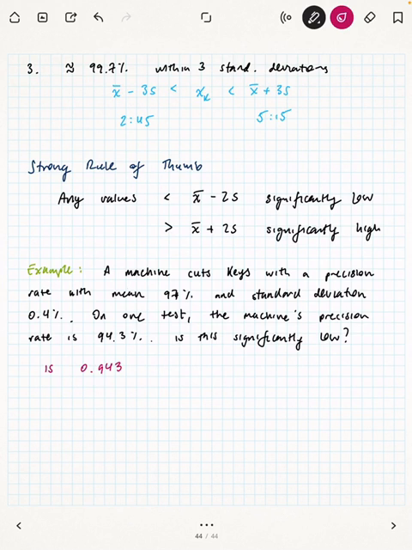Is this data value less than the mean, so the 97%, minus 2 times 0.004? Because that's what 0.4% means.